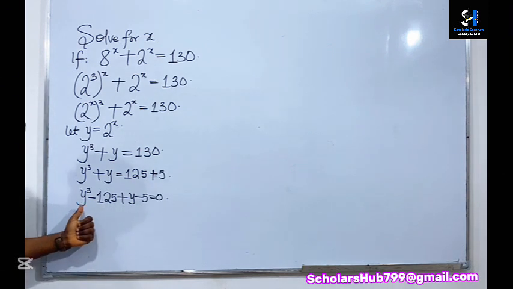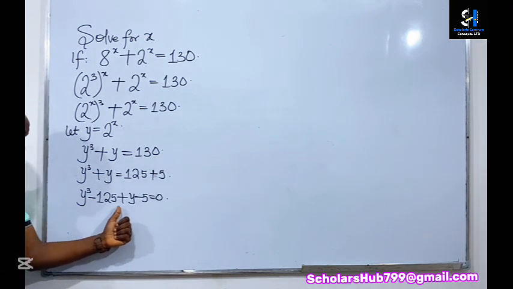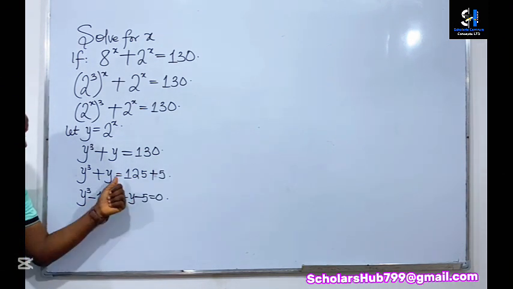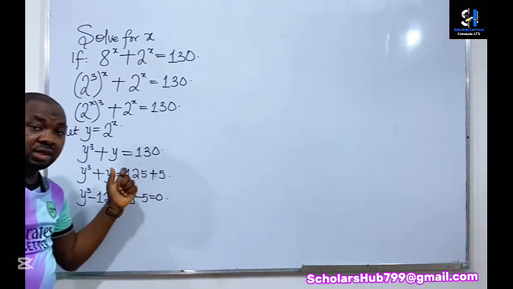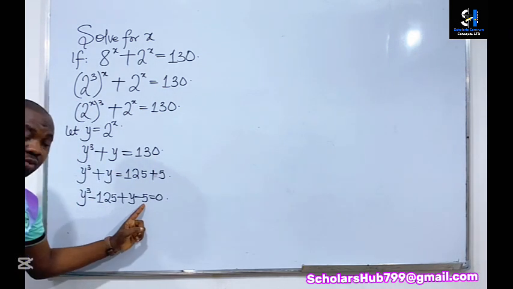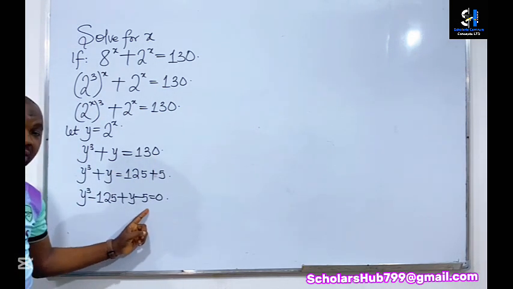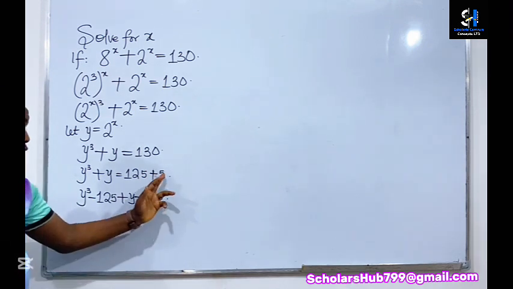So y cubed minus 125, plus this y, whose exponent is 1, so that's why it is minus y minus 5, because the exponent of 5 in this case is 1.